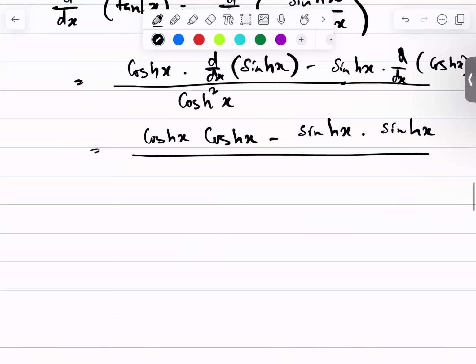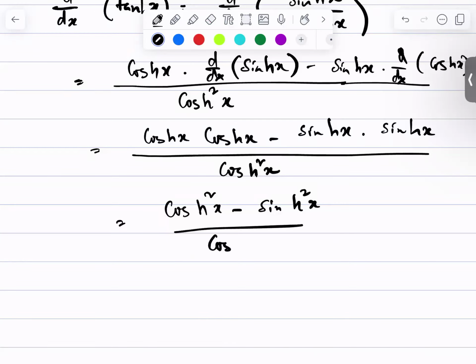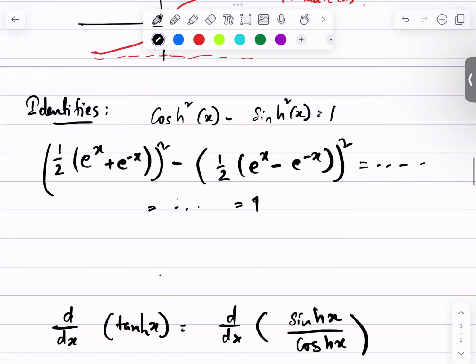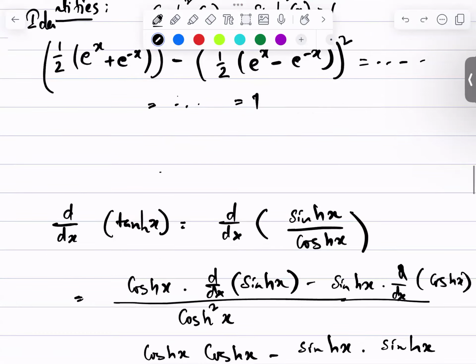Okay. So on top I have cosine hyperbolic square x minus sine hyperbolic square x over cosine hyperbolic square x. But the top is just 1 by the identity that we just stated.